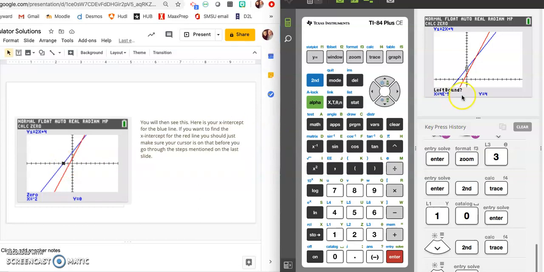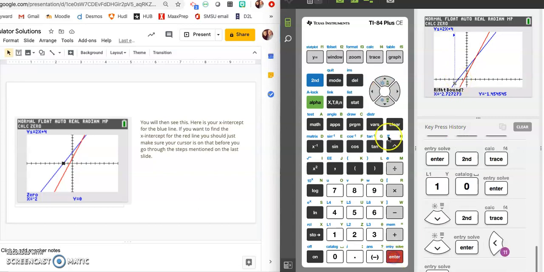And so this blue line, my x-intercept is right here somewhere, and the calculator is giving me this left bound question mark. And so what it wants me to do, it wants me to slide my cursor to the left of the intersection. And so once I have my cursor on the left side of that x-intercept, I would hit enter.